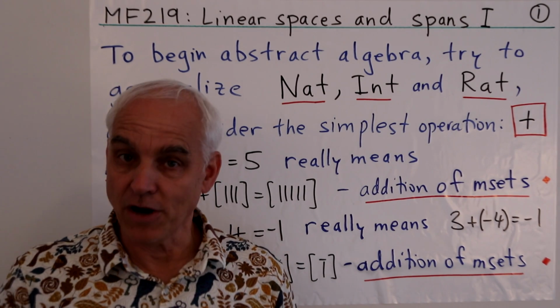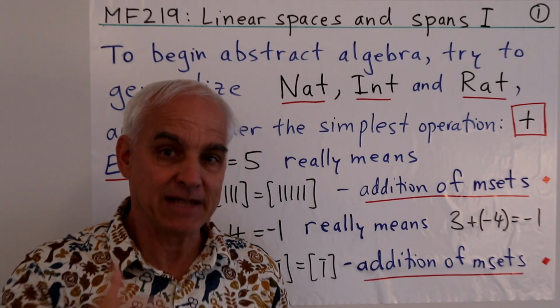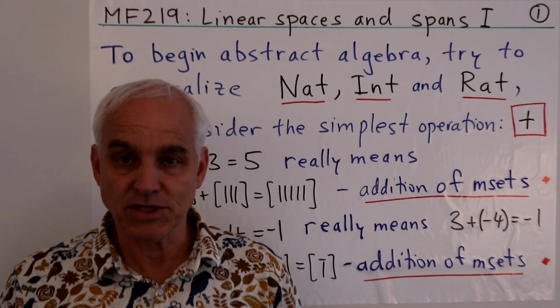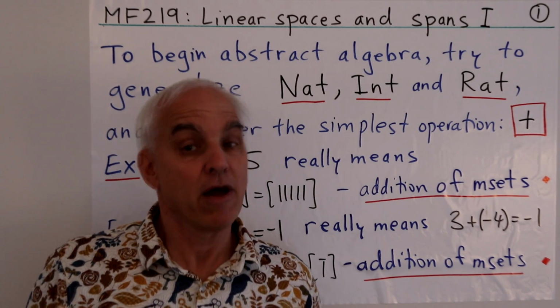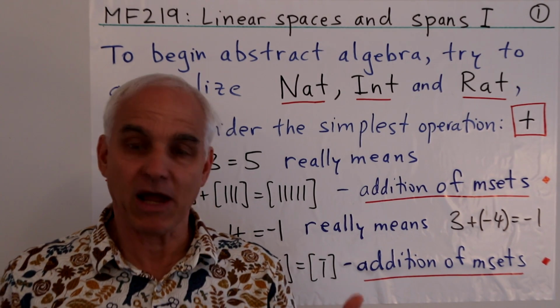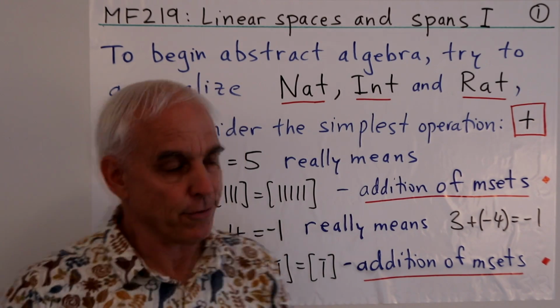Today we're going to start with abstract algebra, and we're going to introduce the simplest kinds of objects that are broadly used in undergraduate mathematics, which are linear spaces or vector spaces. But our approach to these will be a little bit different because we're motivated by our data structure point of view.